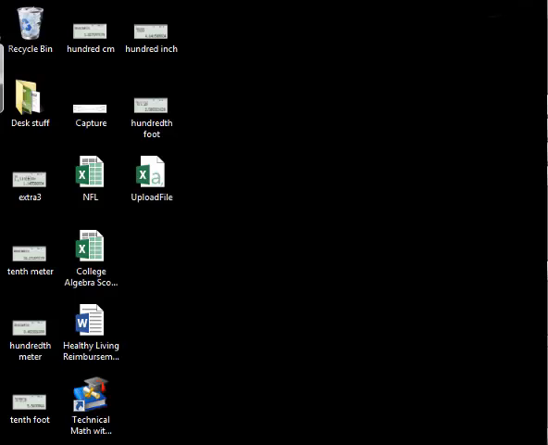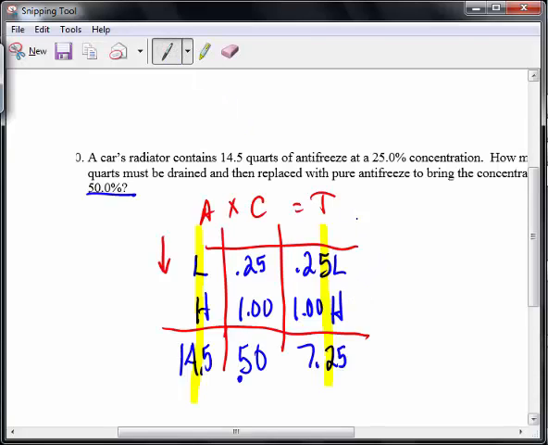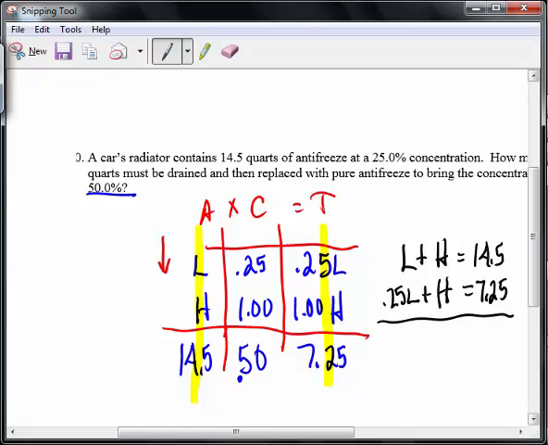Low plus high adds up to 14.5. 0.25 low plus 1.00 high, which is just high, is 7.25.